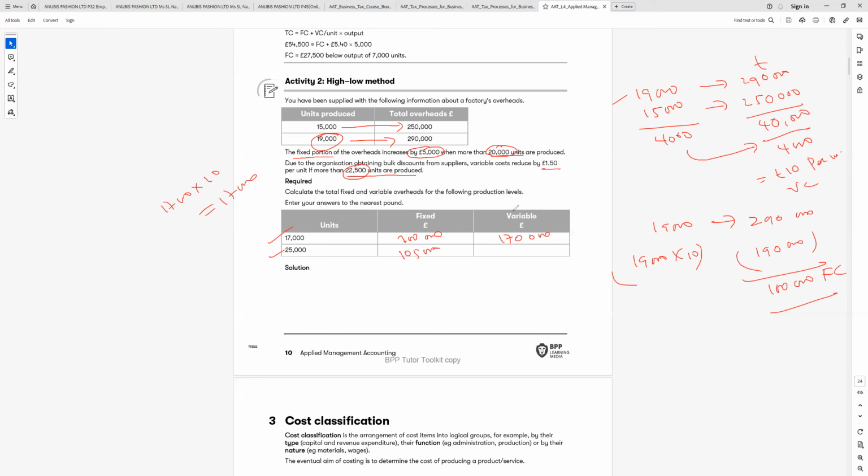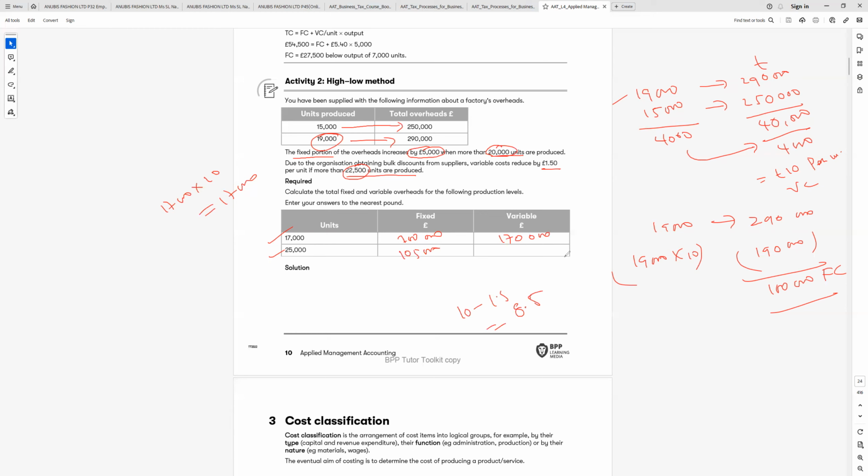Currently my variable cost is 10, so it will be reduced by 1.5. 10 minus 1.5 gives me 8.5.